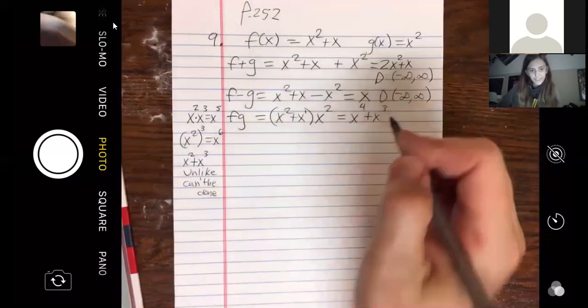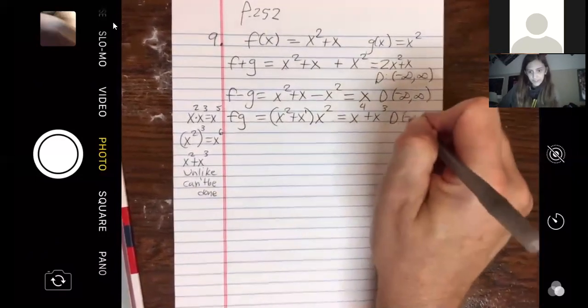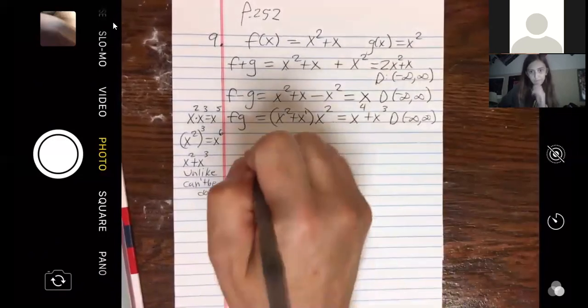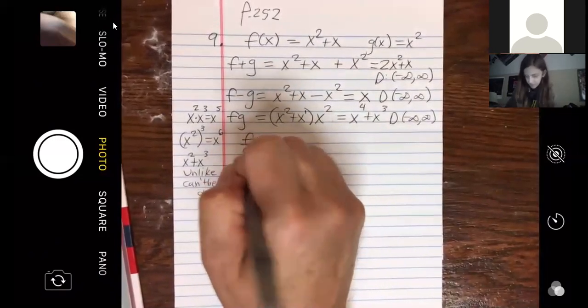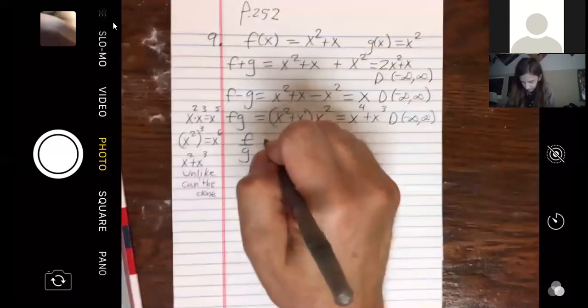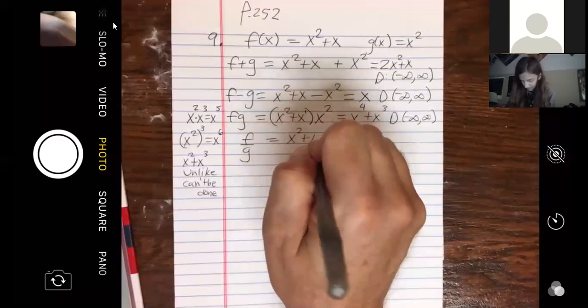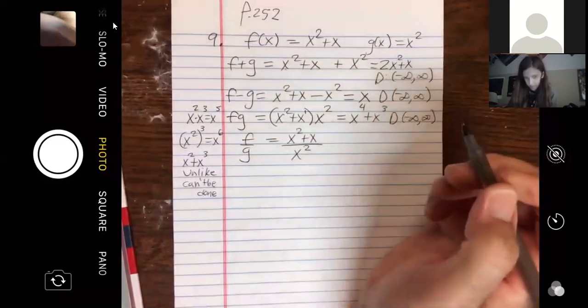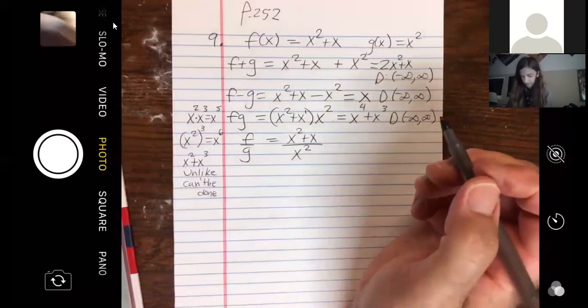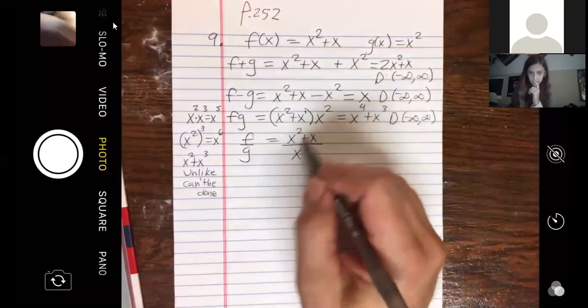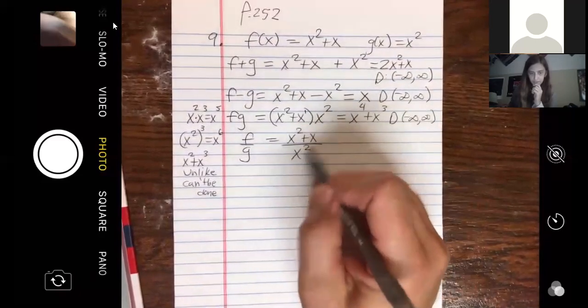All right, so now notice the domain here is negative infinity to infinity. There's still no domain problems. But now when I go to divide them, I'm taking the x squared plus x on top, dividing by x squared. Oh, and I'm not going to simplify this out. I theoretically could, but I'm not.